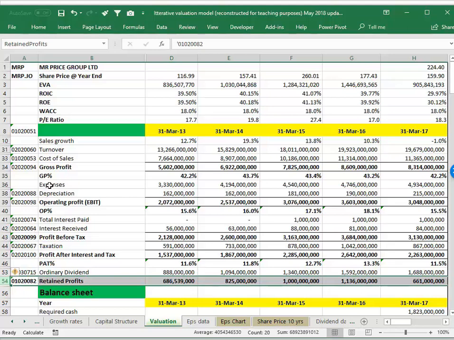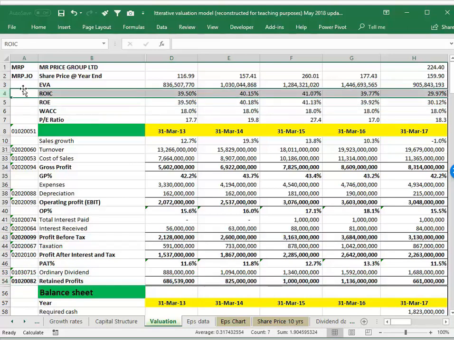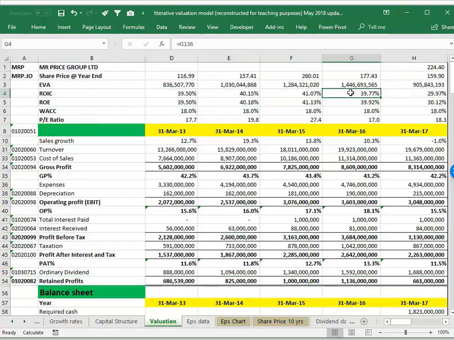So if I look back up to the return on invested capital, I want to answer the question as to why that has declined so significantly in 2017. And if you recall, our dashboard for return on invested capital is profitability times activity, and profitability is a function of the operating profit.